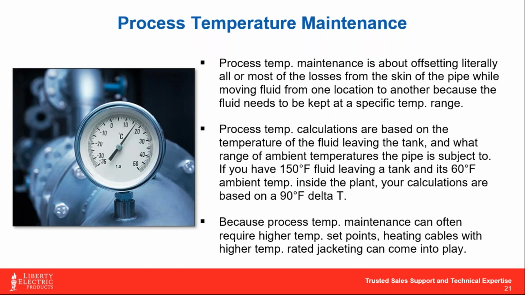And there's going to be, obviously, these factors of how much heat loss we have per foot on that pipe. And whether you figure that out in BTU or wattage, we do it in wattage, we can convert that. But we want to make sure that we try to keep our cables on process temp as close to what the actual watt loss is off of it, so that we don't disrupt the process or affect it adversely in any way, shape, or form.